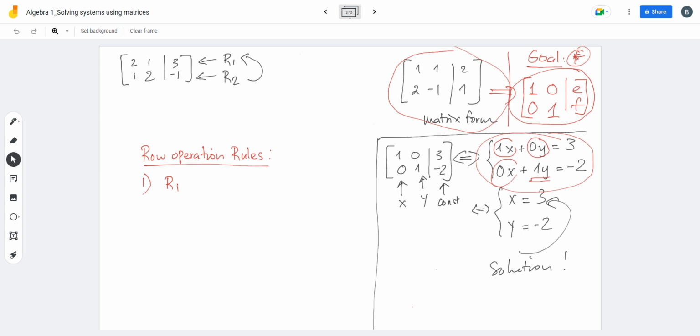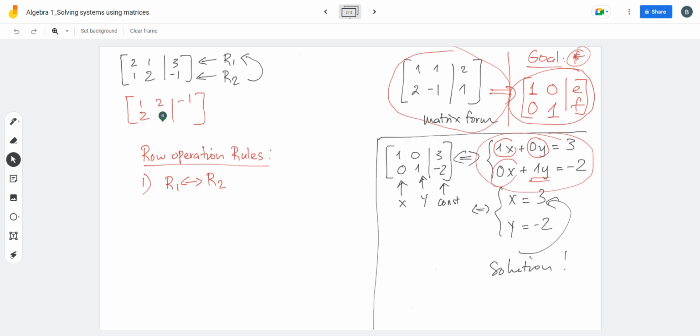I can do that, right? That means you can interchange 2 rows. You're switching the order of the rows, and that would be okay too. So in this case, the new row here would be 1 2 minus 1. Remember that you have to move the constants as well, right? So this is row 2, now it becomes row 1, and then row 1 here becomes row 2.